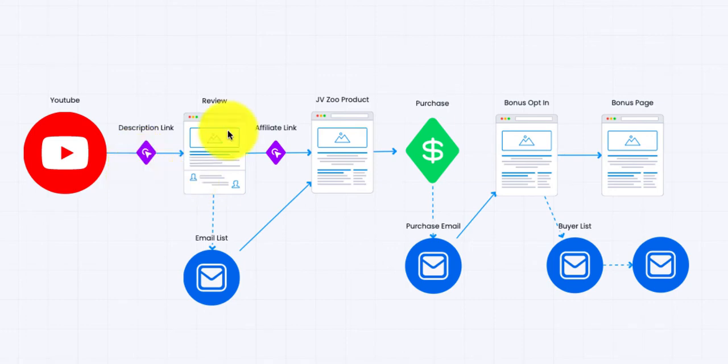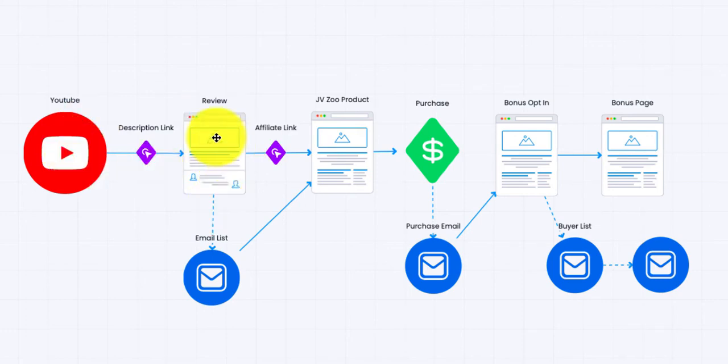Now this could be a review page that you have, or it could be directly to the JVZoo product. Now I would always advise linking them over to some form of page that you've got, that you can get a little bit more detail for them. Maybe you include some bonuses, maybe you even include an opt-in link for them to add to your list. But as you're completely for free, at least you could make a review page along with your video, right?